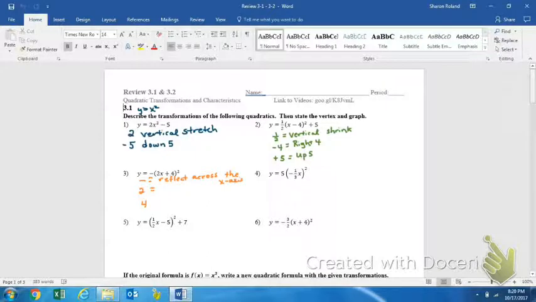The 2 that's in front of the x but inside the function is a horizontal shrink. And that 4 that's inside moves it 4 to the left.